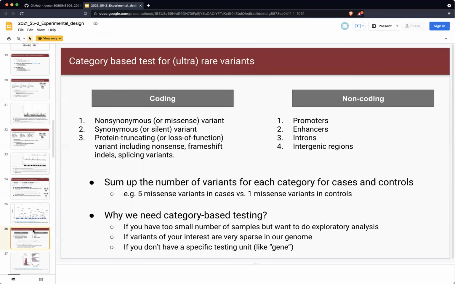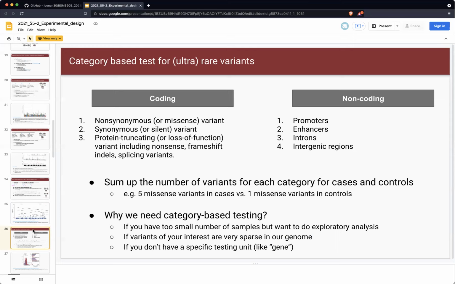Okay, so the last methodology is the per-category test, and this is mostly used for ultra-rare variants. In this case, we're not counting the number of variants per gene. This is the number of variants per category, right? A category can be defined in an arbitrary way.